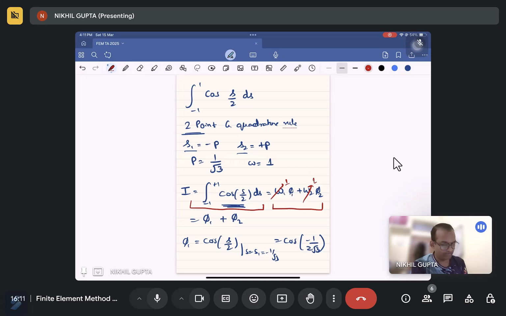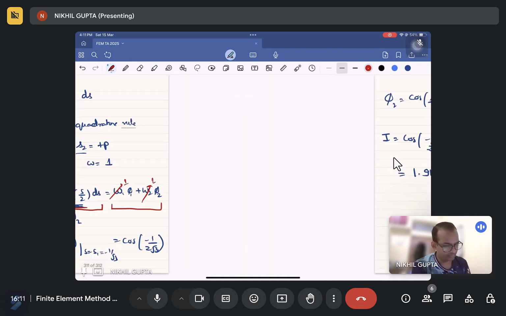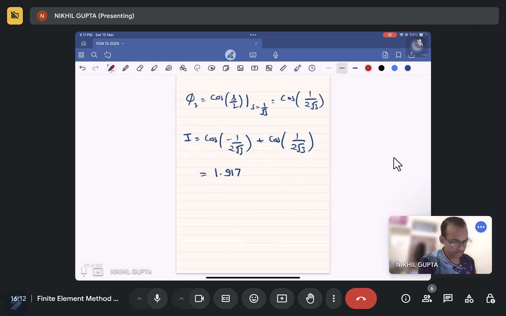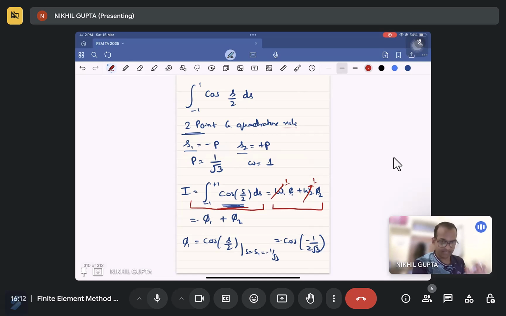You can solve this with exact integration and check what the solution is. I think this will not be exact, because the algebraic terms are higher. But as you increase the Gauss points, you will get less error, because it is going to higher terms, and we can ignore the higher terms, and the error will be reduced.